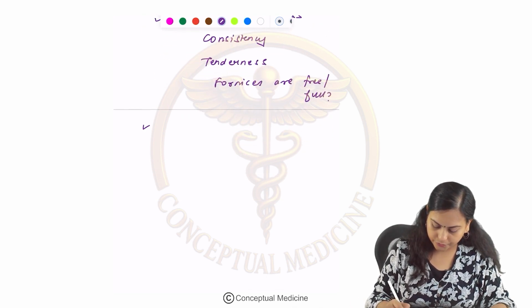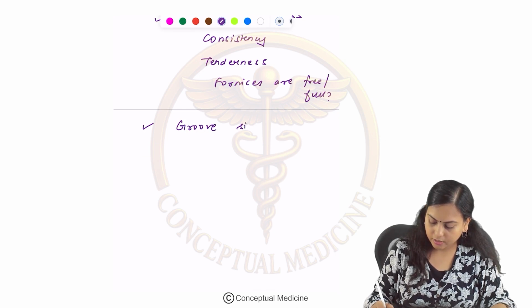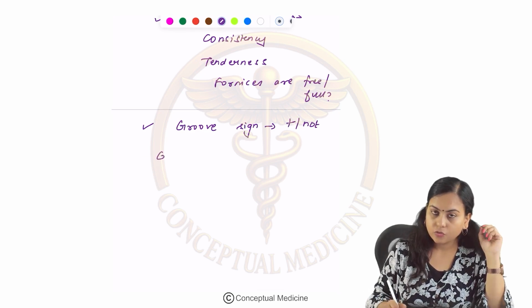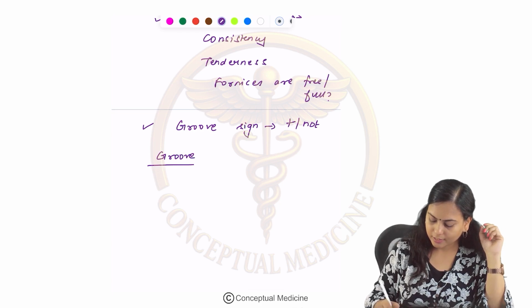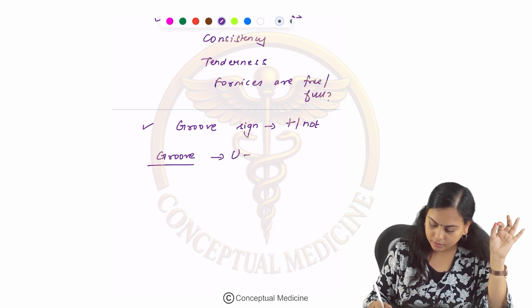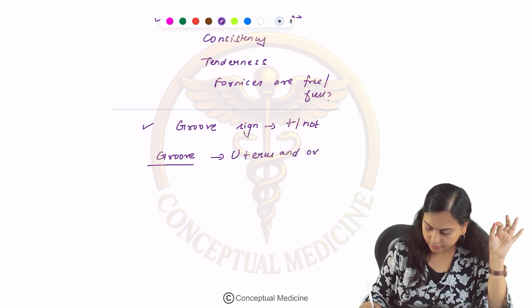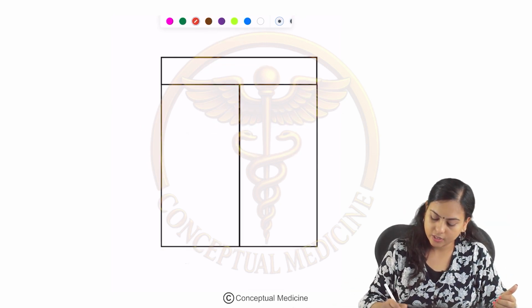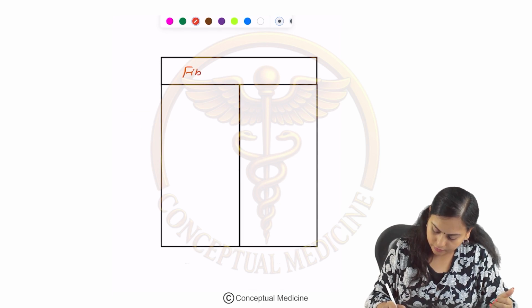And next one is, you have to check for groove sign, if it is positive or not. Okay. So, groove sign is nothing but a groove that will be felt between the uterus and ovary. Clear? Now, let us discuss the differentiation between a fibroid and an ovarian tumor.